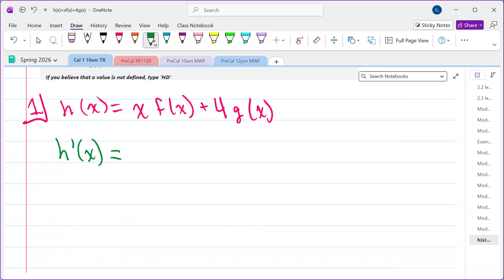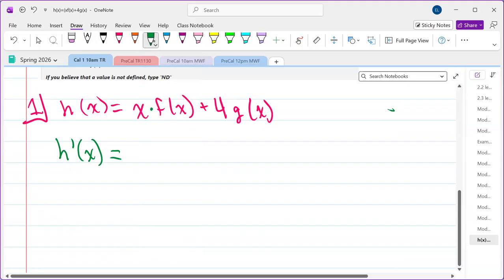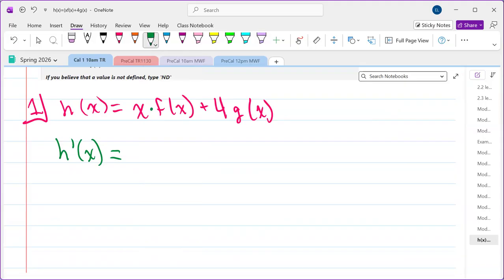So finding our derivative. When I have x times f of x, that is a product, so I got to use my product rule. So the derivative of x is 1 times, keep f of x the same, plus now keep x the same times the derivative of f of x.